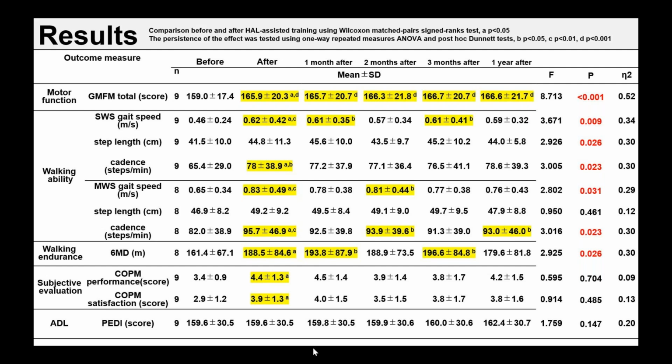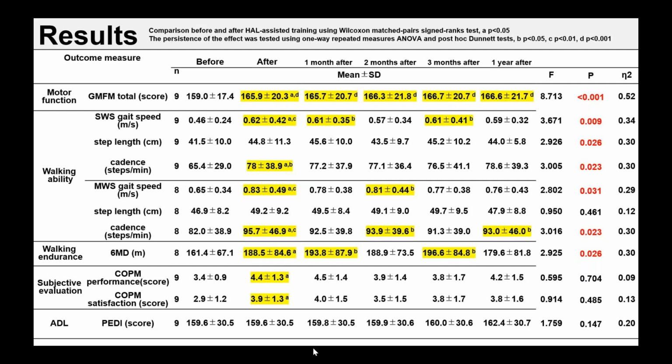In cadence, improvements were seen immediately, 2 months, and 1 year after the intervention, and in 6-minute distance at 1 and 3 months after the intervention. For the participation component, training resulted in improvement in COPM.